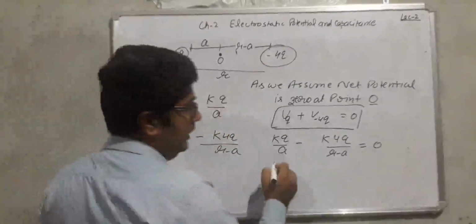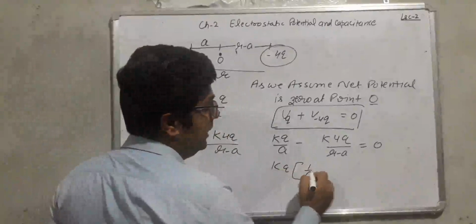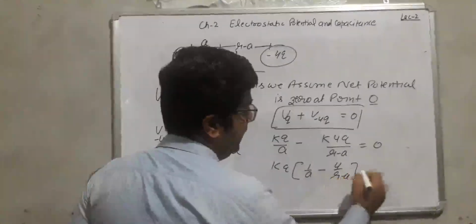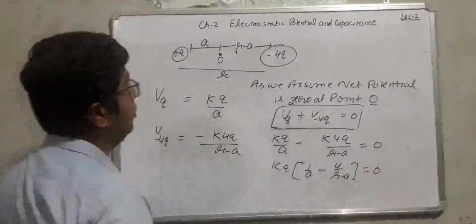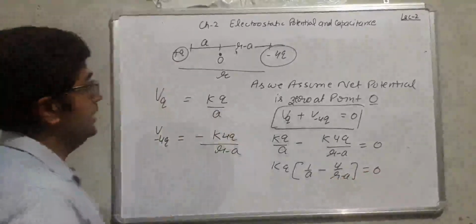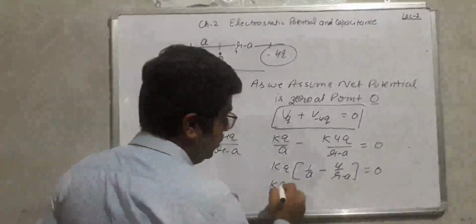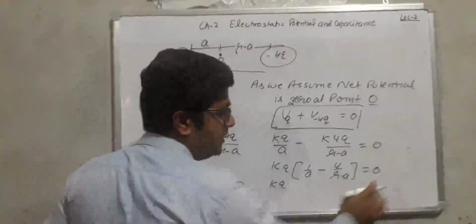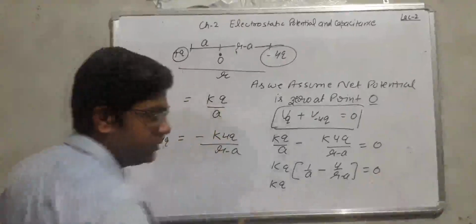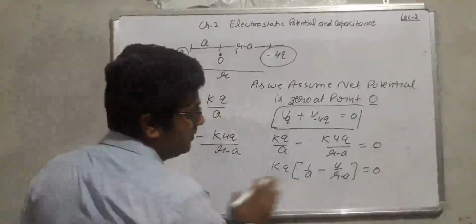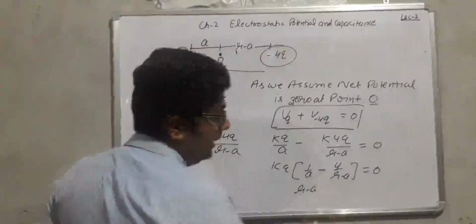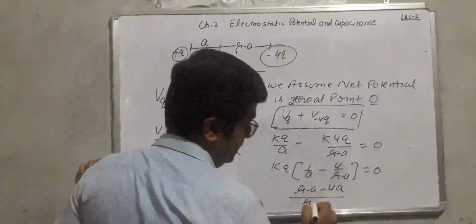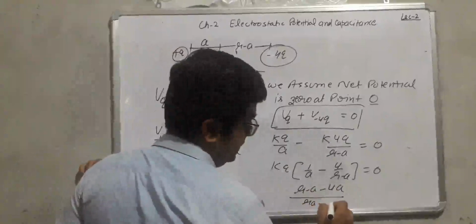Now take kq common, and it is 1 by a minus 4 by r minus a is equal to 0, and now just solve it. kq goes to the other side as 0, because the right hand side is 0. So it becomes r minus a minus 4a by r a minus a square.